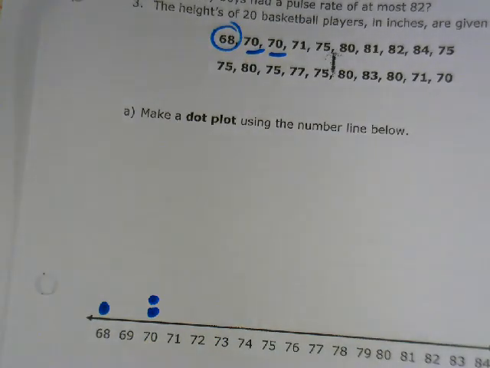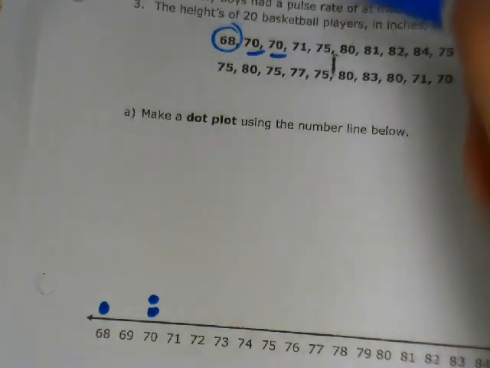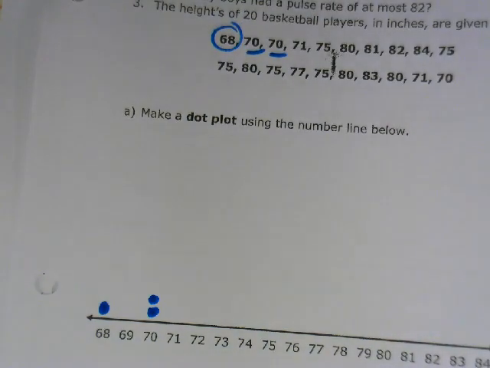Go. Finish. Feel free to cross them out as you go so you don't forget one or do one twice. So we're creating our dot plot with these numbers. Got them all down? There's quite a few.